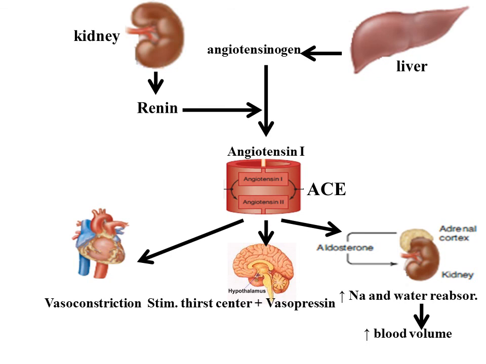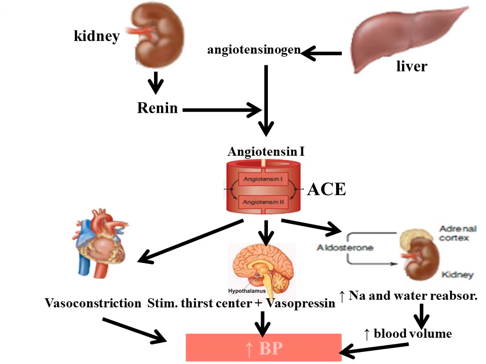Another name for this hormone is antidiuretic hormone because it acts on the kidney and increases water reabsorption by the tubules. So it has two names, vasopressin because it causes vasoconstriction and antidiuretic hormone because it increases water reabsorption in the kidney. All these effects will lead to an increase in blood pressure.